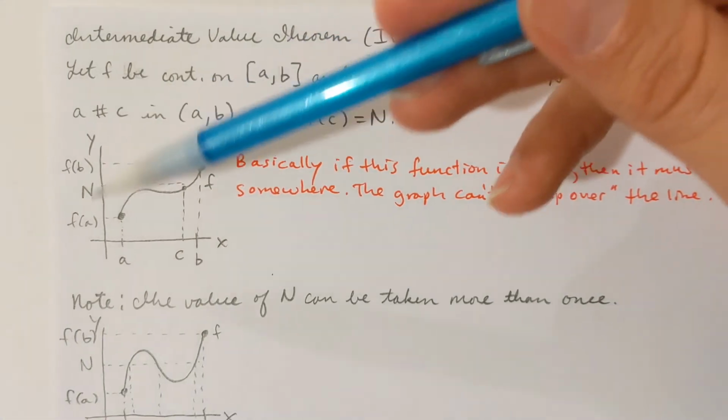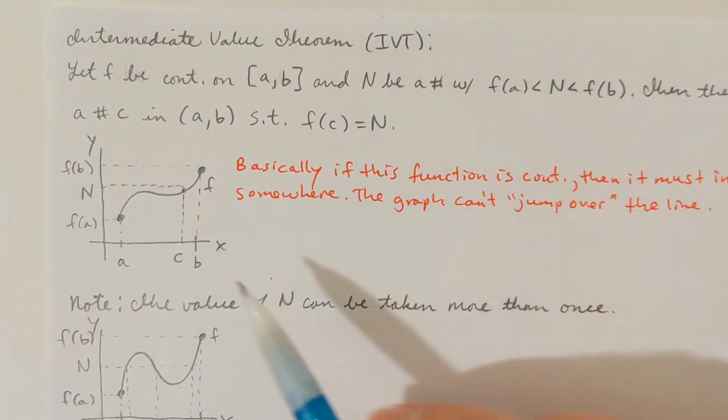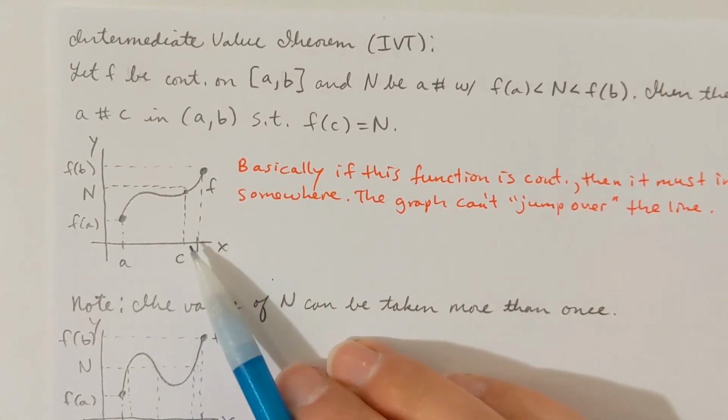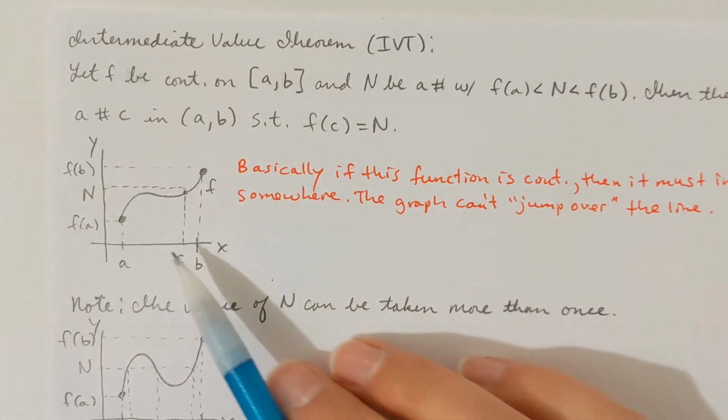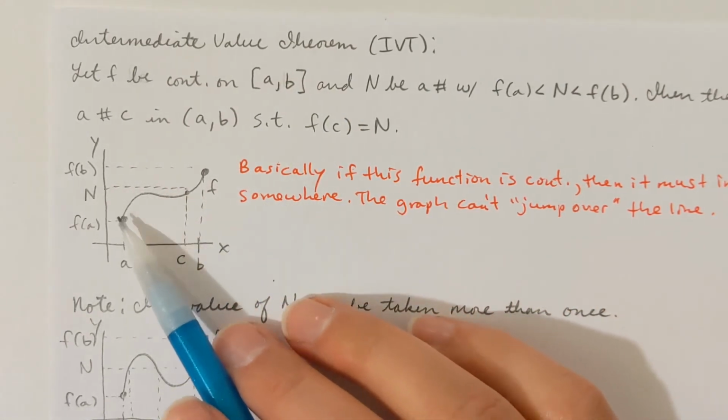Here's a picture of what's going on with the intermediate value theorem. I've got a closed interval [a, b], closed means I'm including the endpoints there, and I've got some function going from a to b.